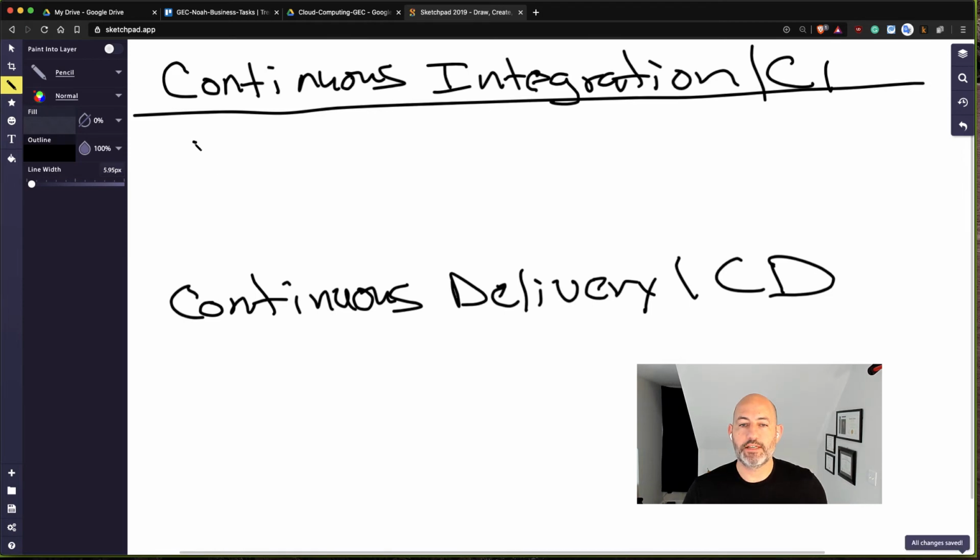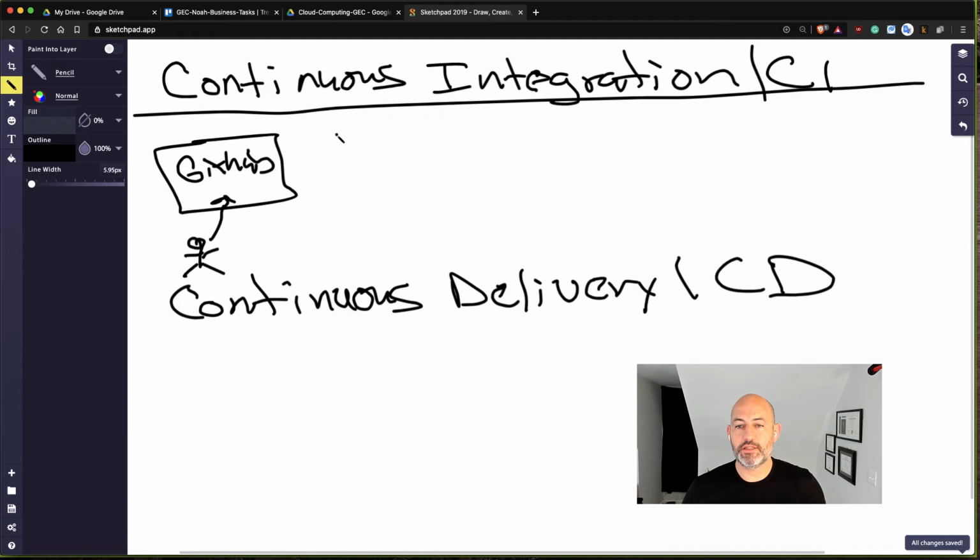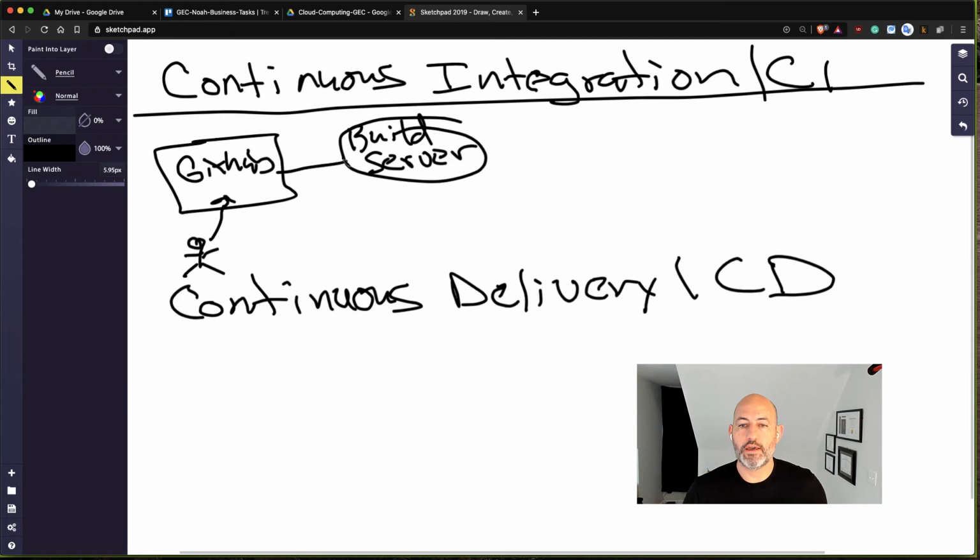It means that my source control, which let's say it's GitHub, I'm checking in my code and I put it into GitHub, and then what happens is there's a build server, and the build server will automatically go through and check my code.